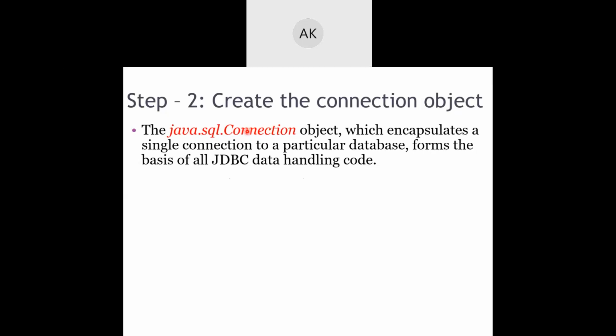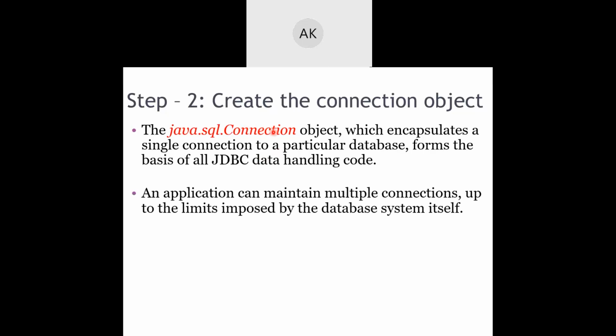So we need to make an object of this class, and this connectivity will be valid unless and until we close it. Whatever driver we created and registered, we will pass to the connection to establish the connection for us.